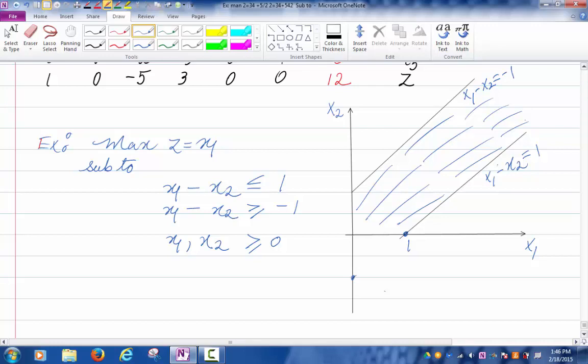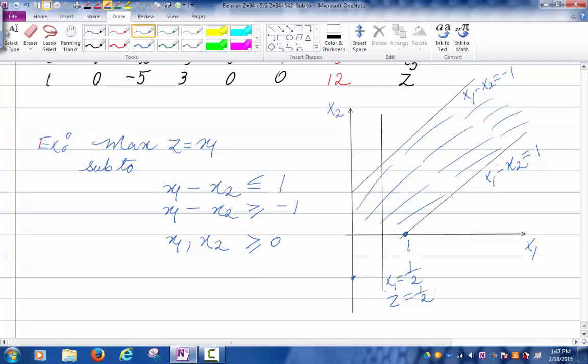Well, what is my objective function here? X1. So let's make a level set for the objective function. When z is, for example, half, it means that X1 is half, right? So this is where z is half. This is a level set of the objective function.